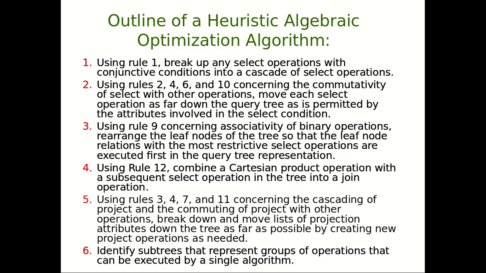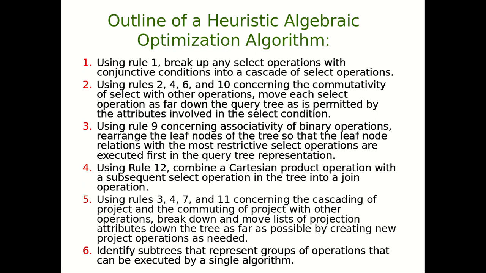Similarly, using rules 3, 4, 7, 11 concerning the cascading of project and commuting of project with other operations, break down and move the lists of project attributes down the tree as far as possible by creating new project operations as needed. In our original example, in the final query tree, we inserted some project operations.